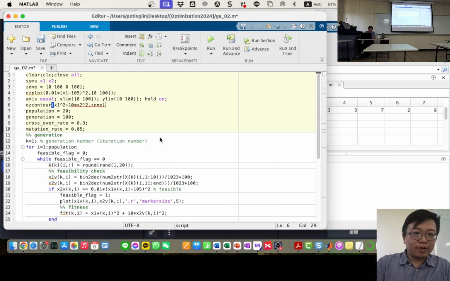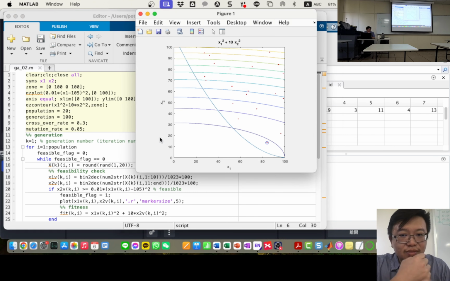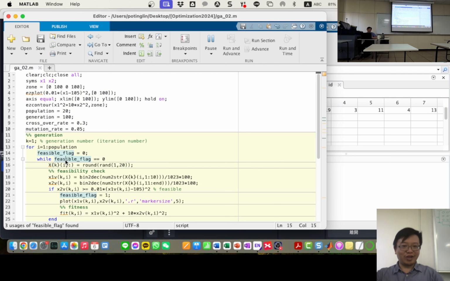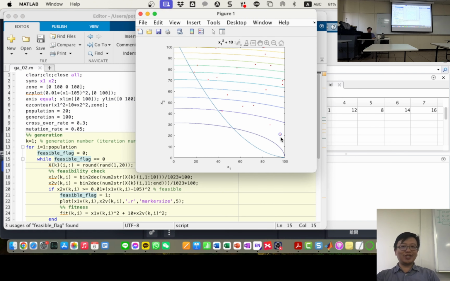Let's take a look. Yeah, so this is how the objective function looks like. Over here you can see this point has the smallest objective function value. Let's generate again. See, this one is even at a lower level than the other 2 points.